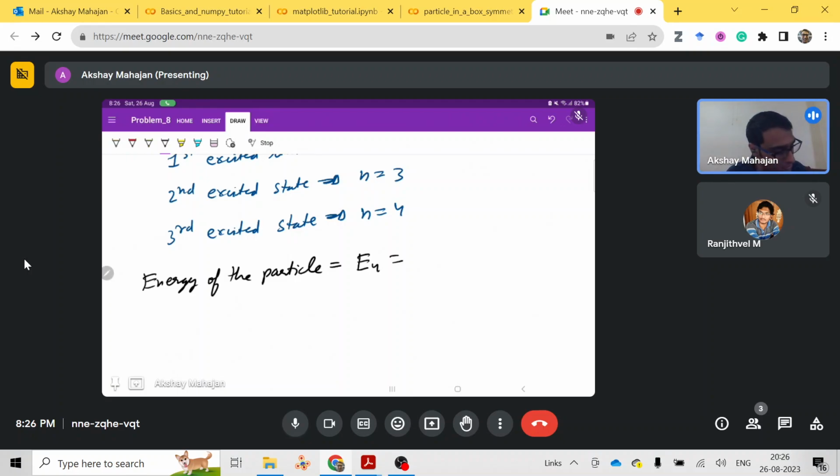It will be 4 squared times h bar squared pi squared by 2mL squared. So 16 divided by 2 becomes 8. The energy of the particle is 8 h bar squared pi squared by mL squared.